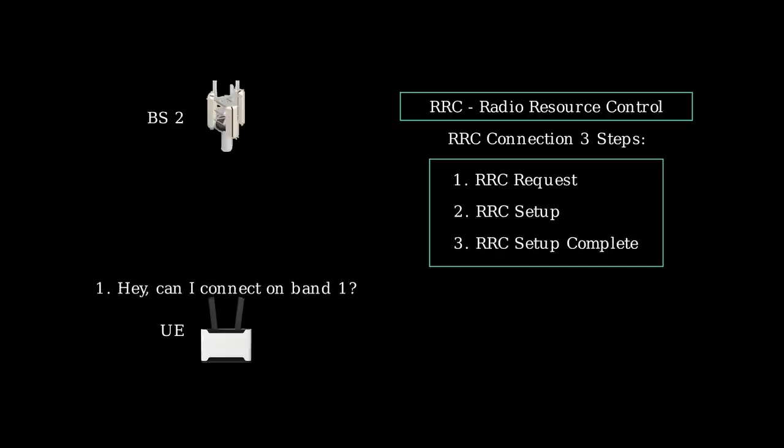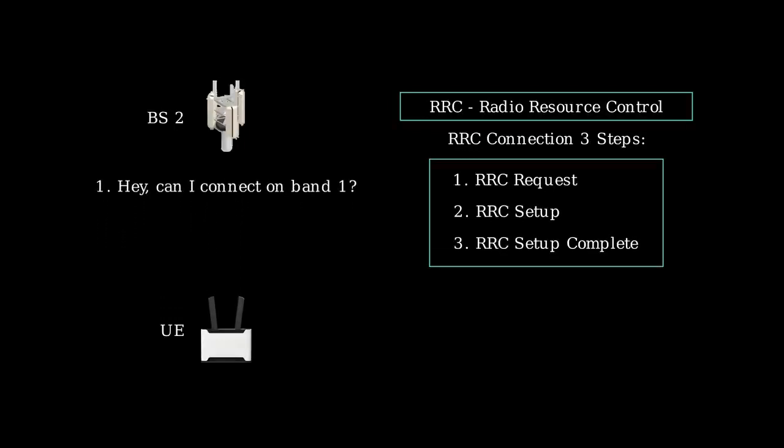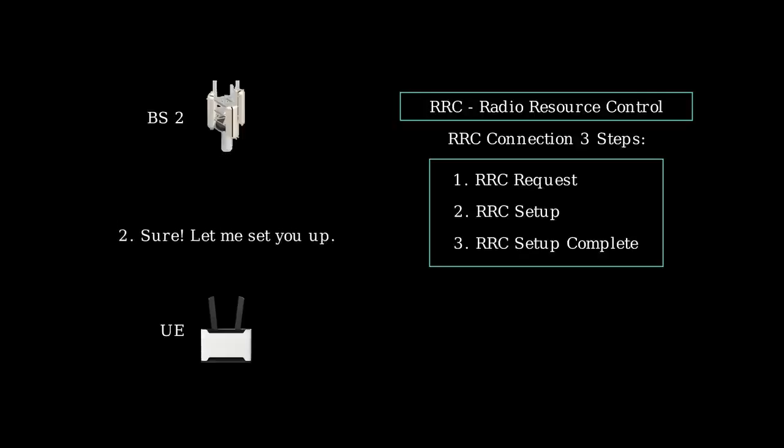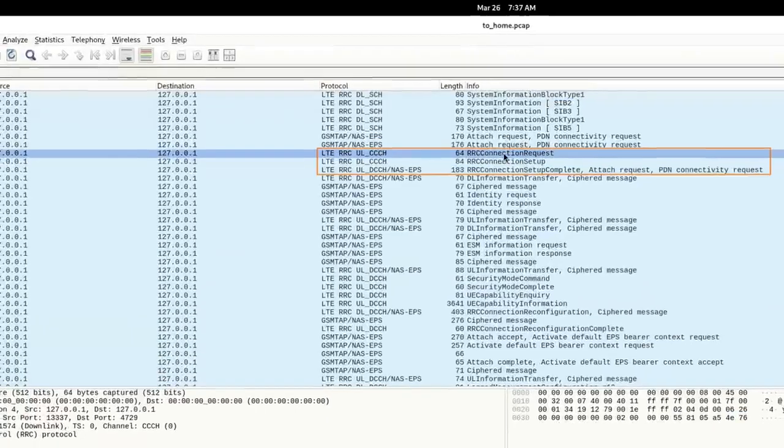During the request stage, the UE asks if it can connect and provides the reason for the connection. The base station then responds with a long list of configuration parameters, and finally, the UE confirms them. Let's confirm it in Wireshark. Here we can see all 3 stages. The request is relatively short.